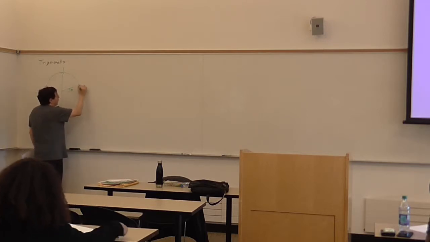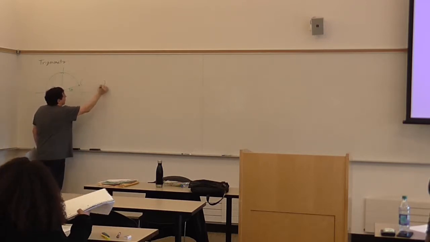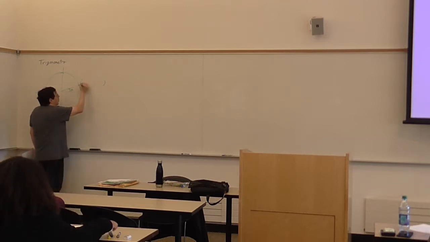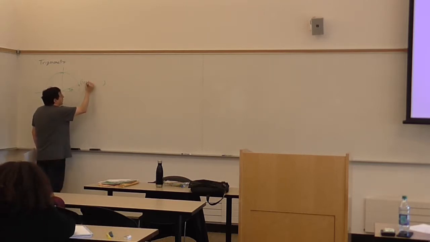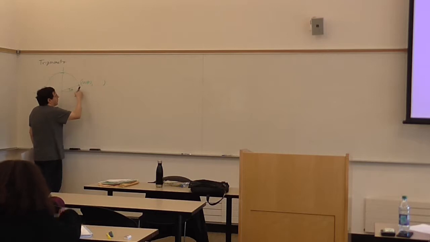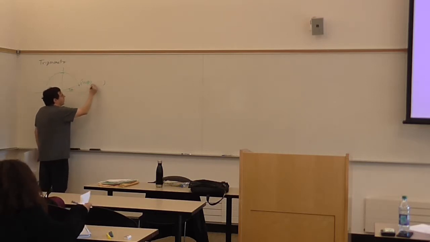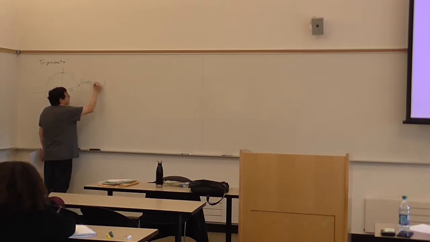And we have this point on the unit circle, and the coordinates of this point are cosine of theta and sine of theta.